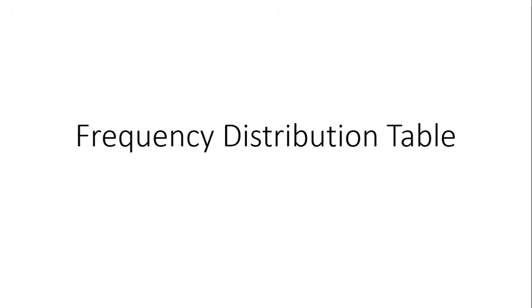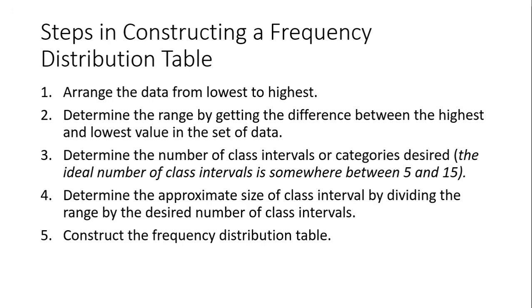When you speak of your frequency distribution table, for you to construct it, we will follow 5 simple steps. For the presentation of data in statistics, the first thing that you always need to do is arrange your data, converting it from its raw form into an array form.